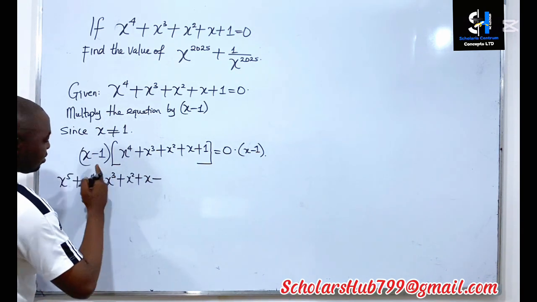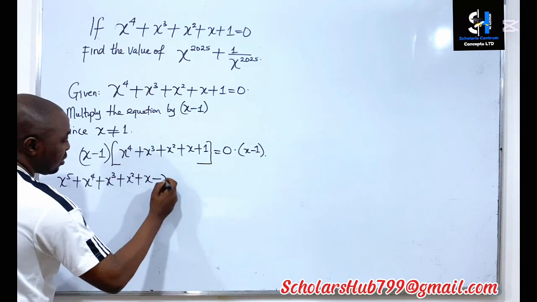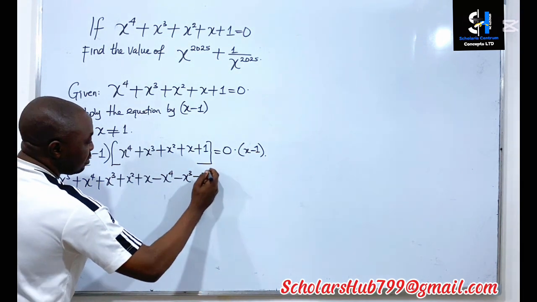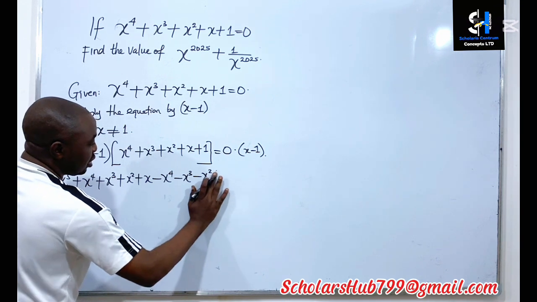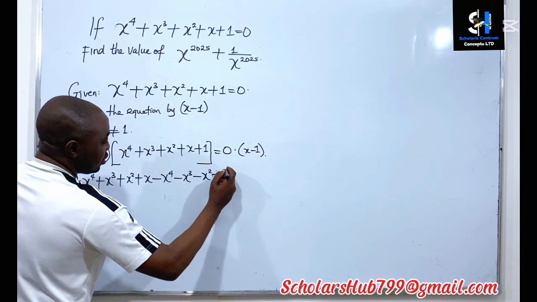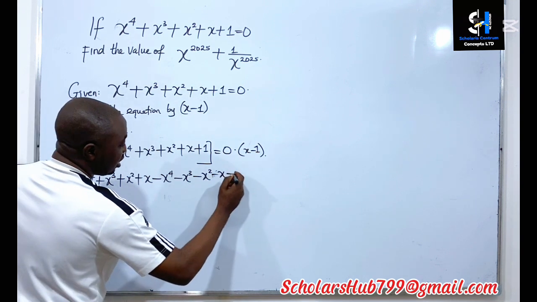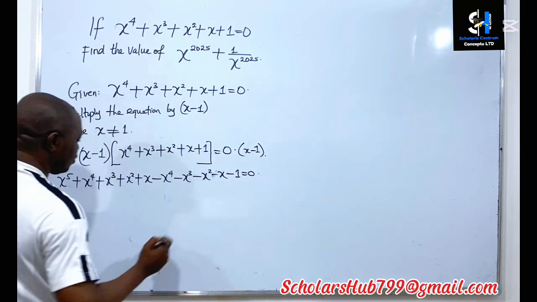Then let's multiply by negative 1. So we have minus x to the power of 4 minus x cubed minus x squared, then minus x, then minus 1 equals 0.